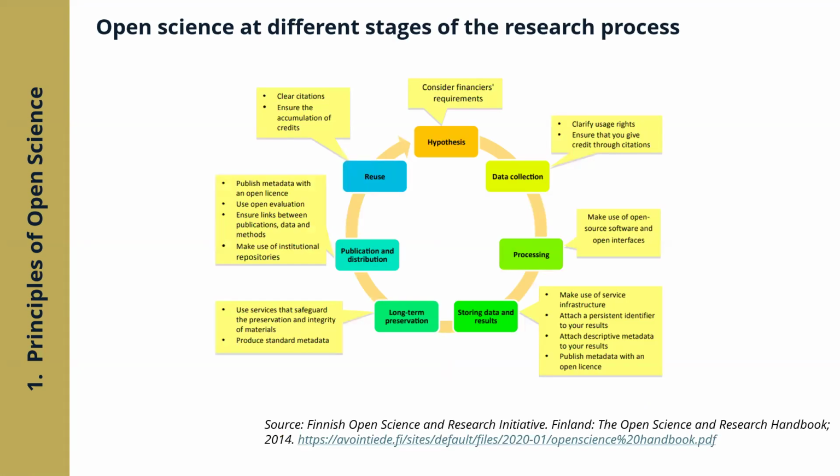I wanted to include this scheme, published by a Finnish ministry in a handbook about open science in 2014, because it represents the whole value chain of the research process, and you can find specific suggestions that might help you in implementing open science principles.